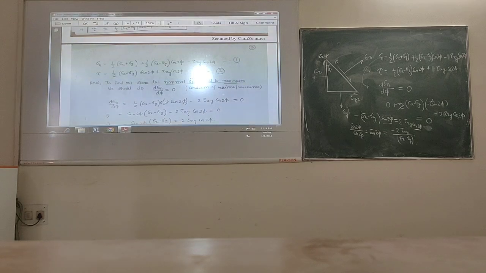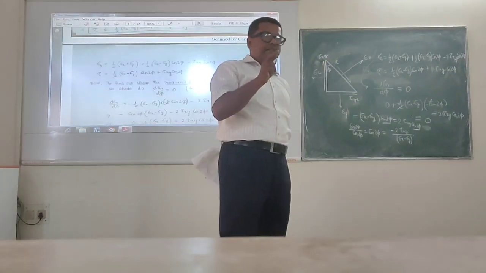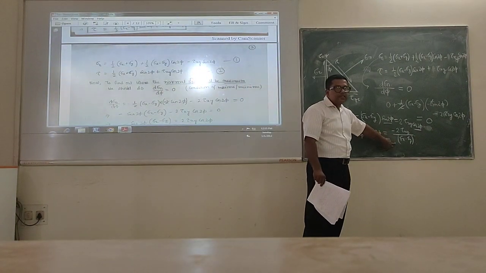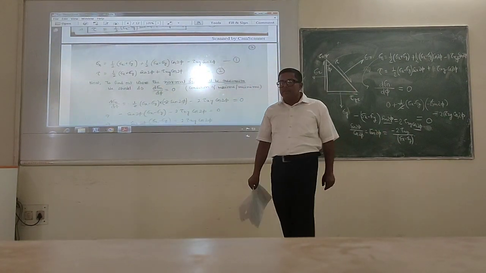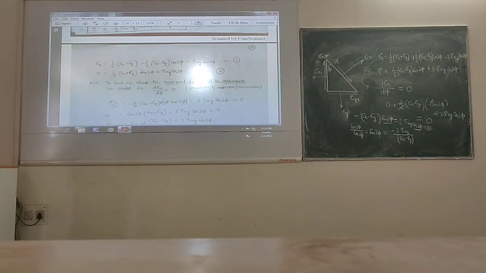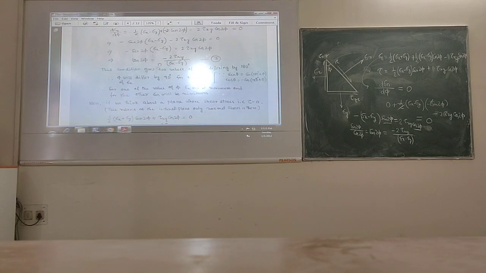So you see, sigma n will become maximum when the value of tan 2φ becomes equal to this. Now what does this imply? I have done the same derivation over here. So tan 2φ is equal to minus 2 tau xy by sigma x minus sigma y.